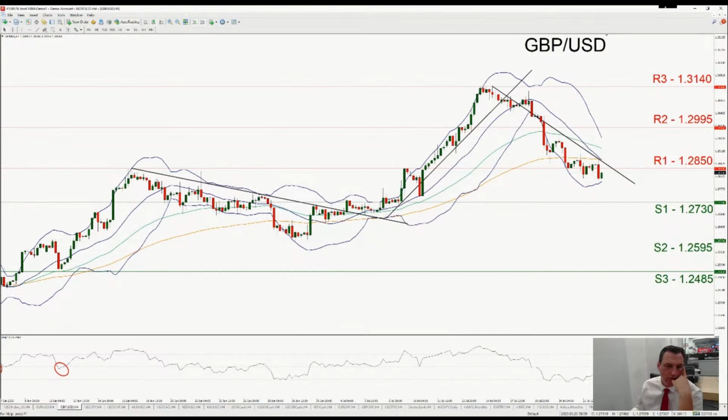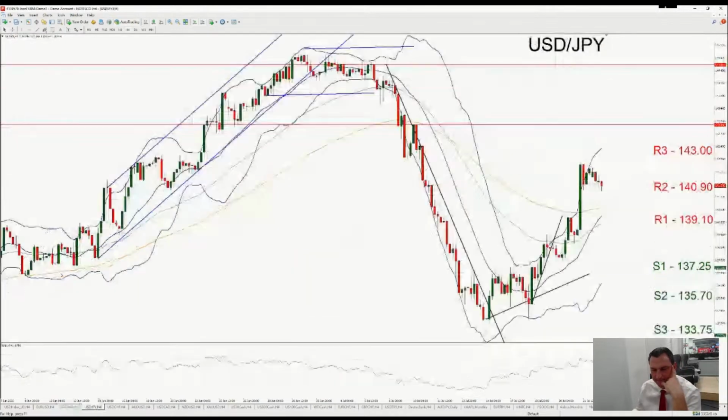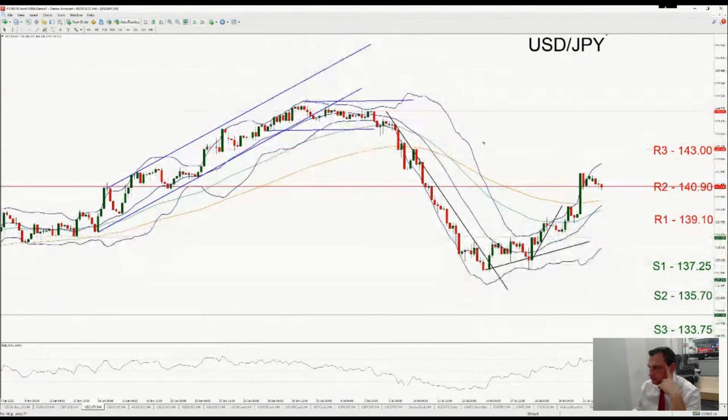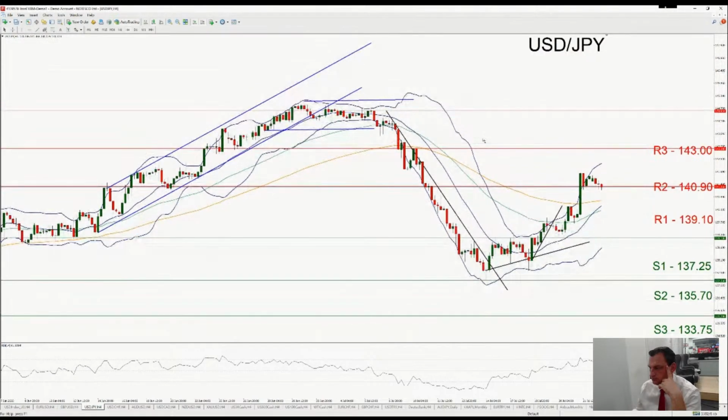Okay, let's have a look also at USD JPY. Let's correct the labels a little bit, let's position them. Now we have an interesting development here.